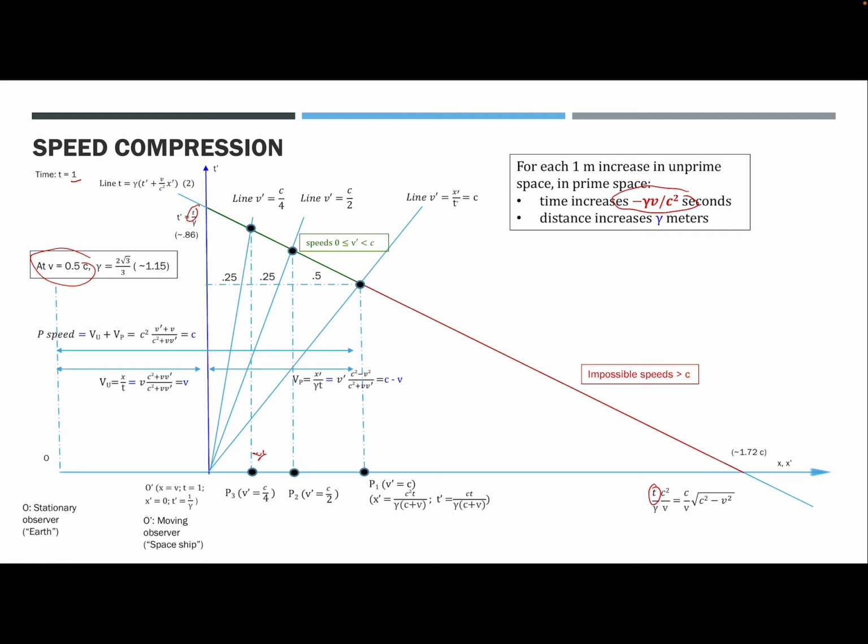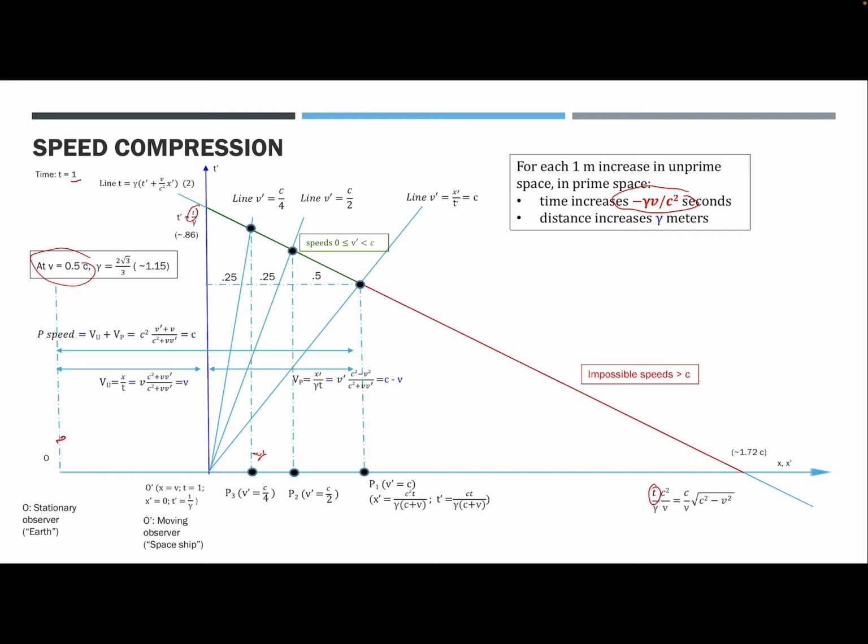And it is done to show that even though that point is further from your stationary observer, the time to get there is actually shorter. So that means your speed actually goes up. And the more you go toward the right-hand side, the higher the speed is.